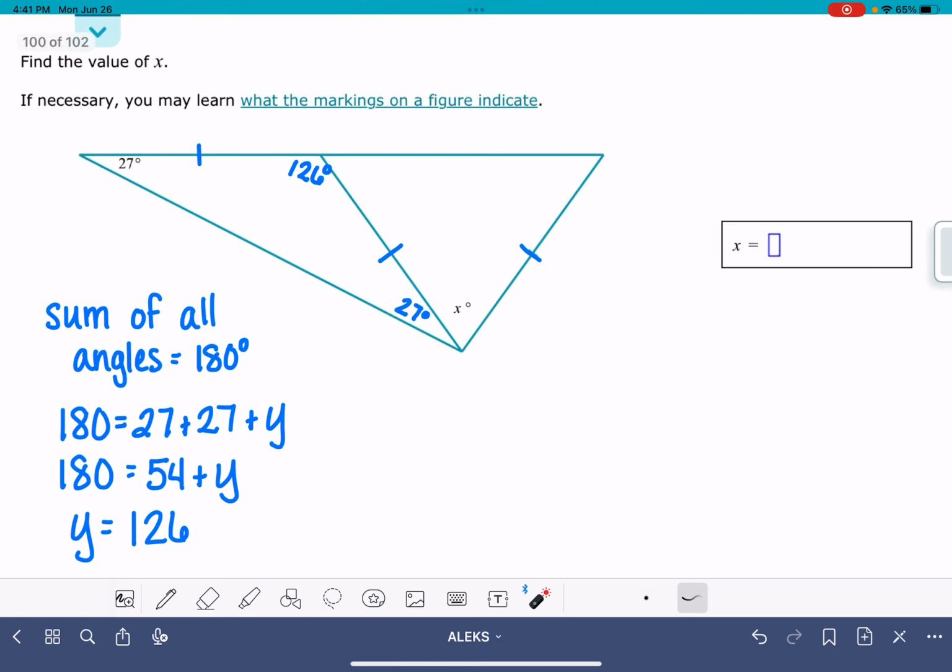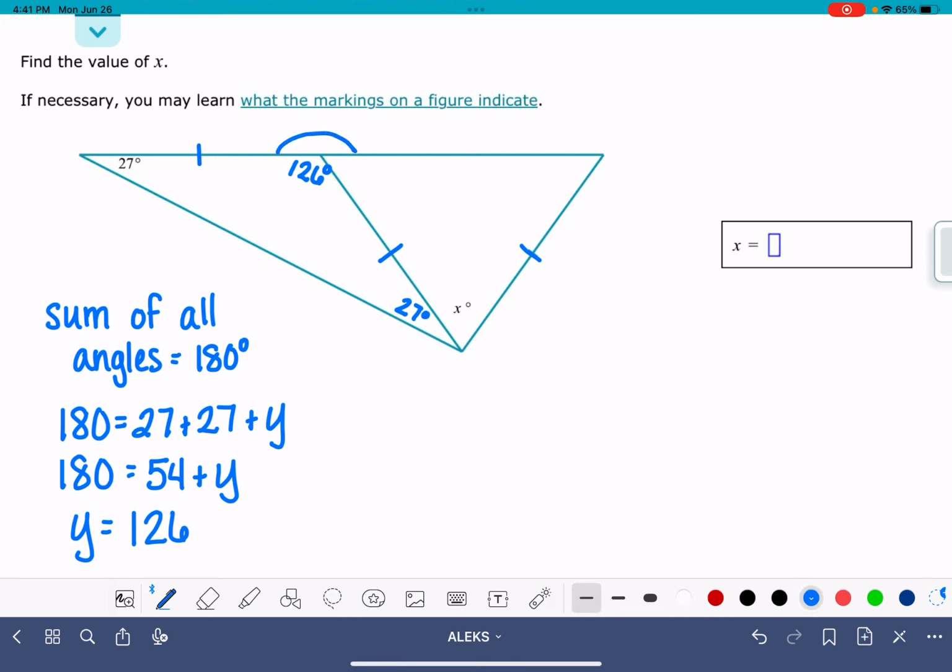So the other thing that we're going to keep in mind is if we have a straight line, that straight line has an angle of 180 degrees. And in this situation, we've got this straight line. We know that this much of the straight line is 126 degrees, so we can use that to help us figure out this angle on this side over here.